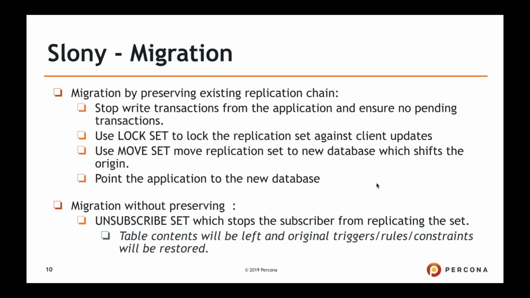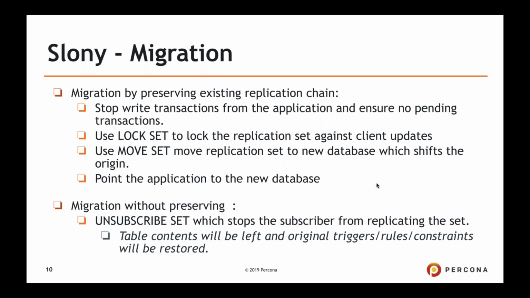And when it comes to migration scenarios, there are two cases. One is you already have a very old system where there is a replication chain built using Slony, and the other scenario is you are moving completely from a single node to another single node with a new version, where you don't really care about the currently existing replication chain.